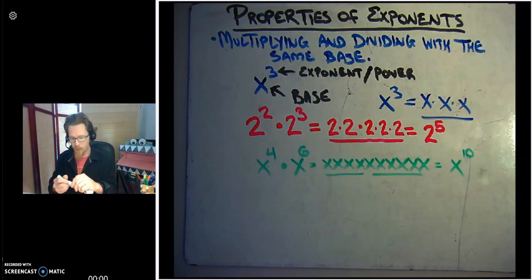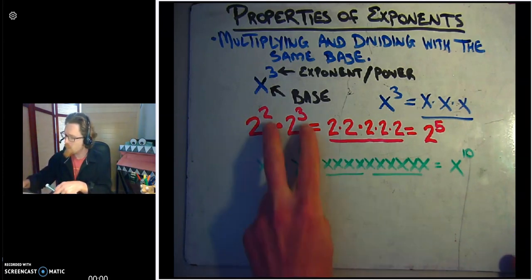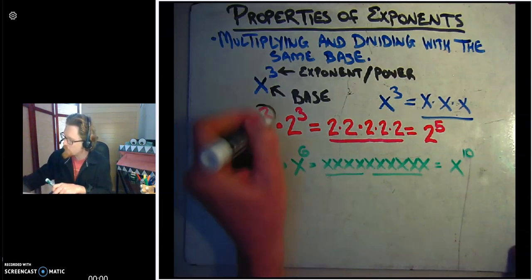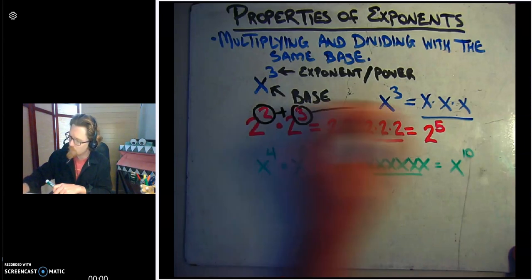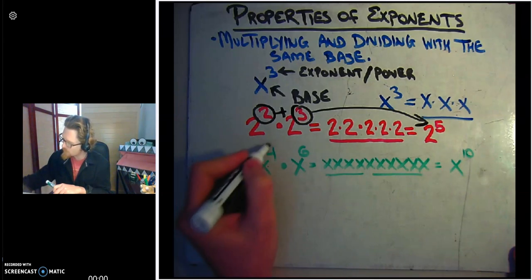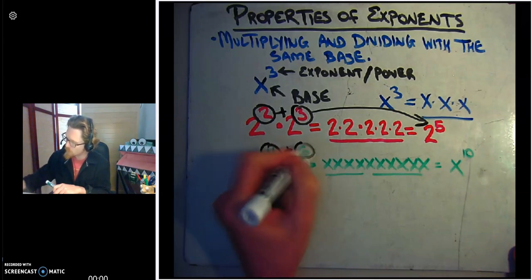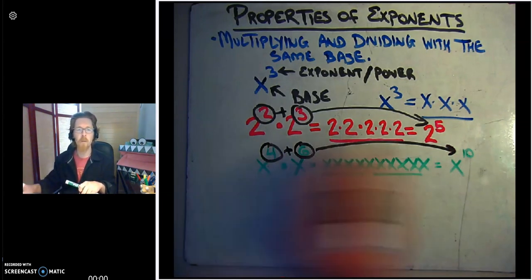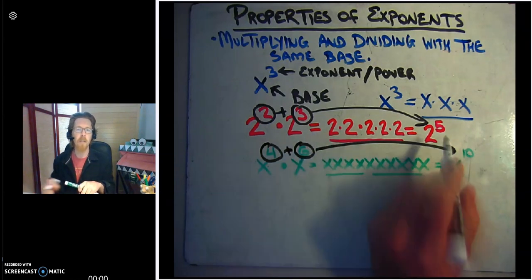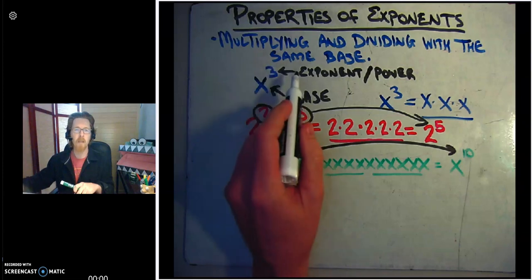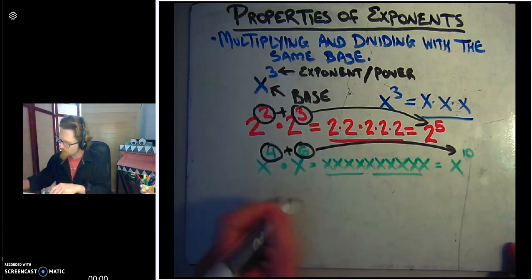Now when I look at these two patterns, I notice something happening. I have exponents of 2 and 3, and an exponent of 5: 2 plus 3 equals 5. I also have a 4 and a 6 to make 10, and 4 plus 6 is equal to 10. By expanding it out and thinking about how they relate, we can come up with the multiplication property of exponents.